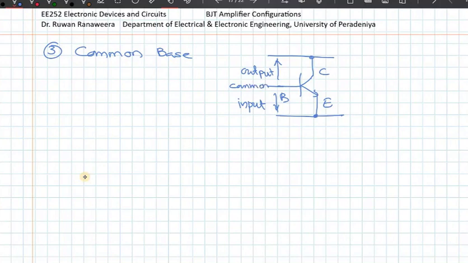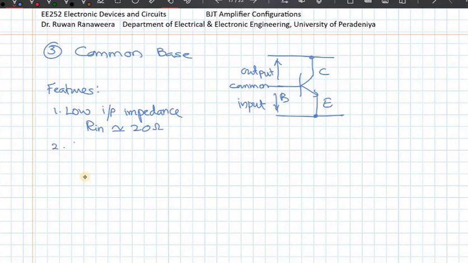Okay, so this is basically what you have there. And the features: one, this is the opposite of what you saw earlier, the common collector, where you have low input impedance, in the range of 20 ohms.